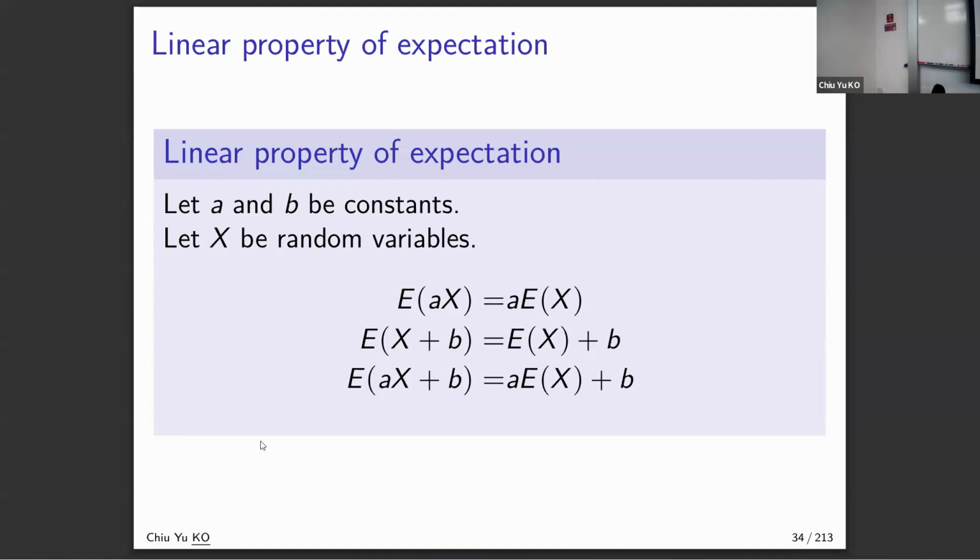That's why when you borrow money from the bank to do an investment, people ask what the rate of return is. That's what we care about in investment, because how much you gain will be proportional to the amount you invest. So that's the linear property. Everything is proportional in terms of expectation. So that makes things easier.